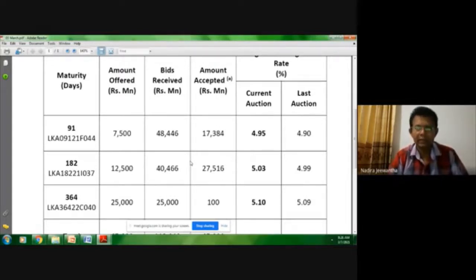Those have recently not changed. If the central bank changes the two policy rates, we can understand the direction of interest rates in the country. If they increase, we expect the interest rate to go up.